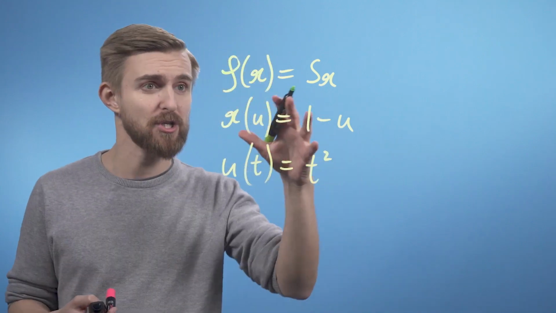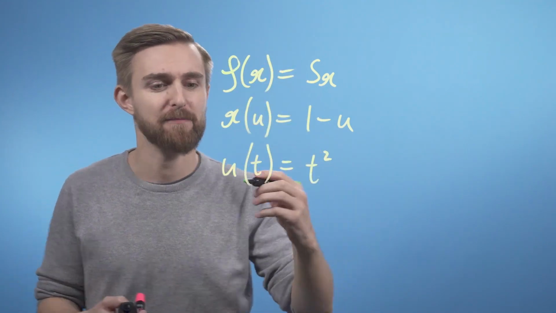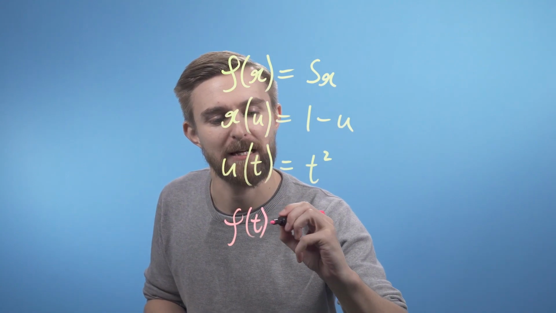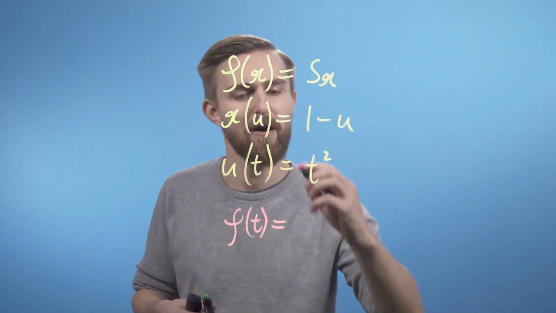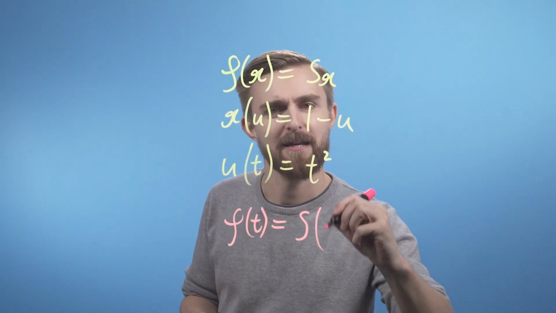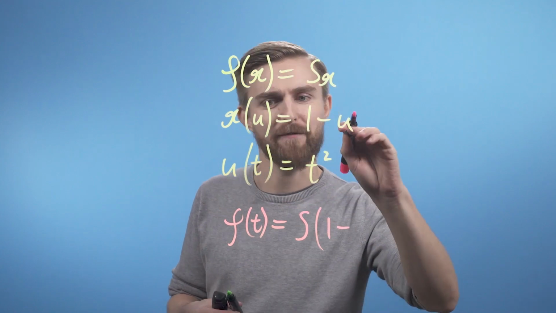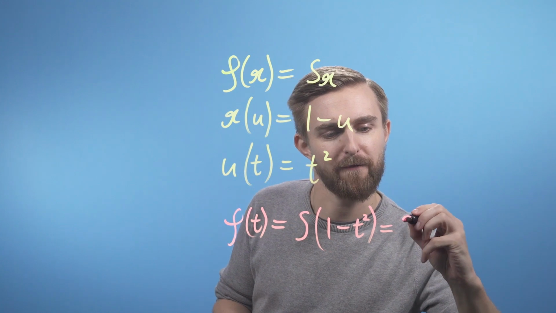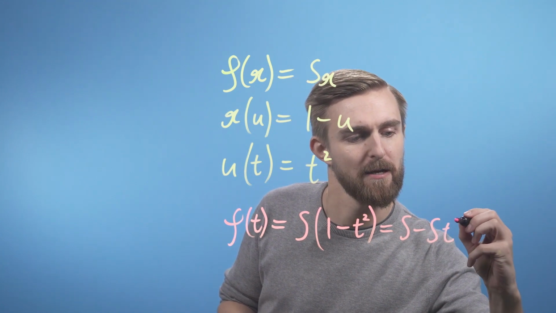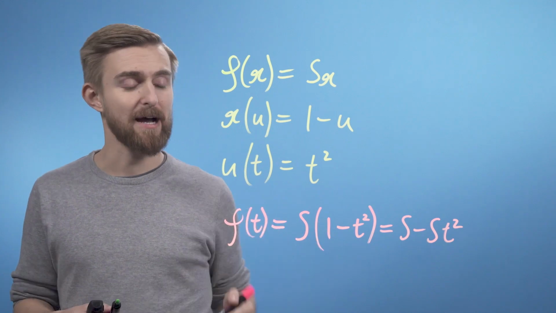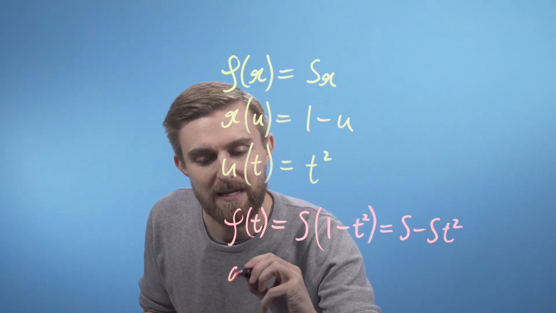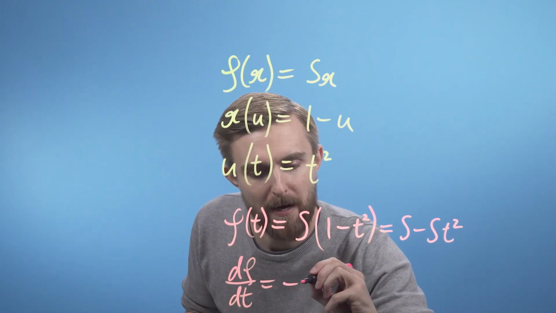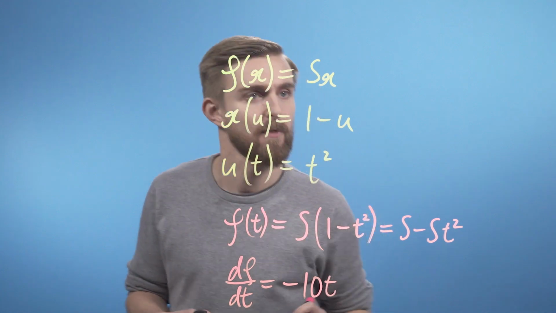Of course, we can just sub each step into each other and find an expression for f as a function directly of t: it's going to be 5 of whatever x is, and x is 1 minus whatever u is, and u is t squared. So this goes to 5 minus 5t squared. And we can now directly differentiate this and say df by dt equals minus 10t.